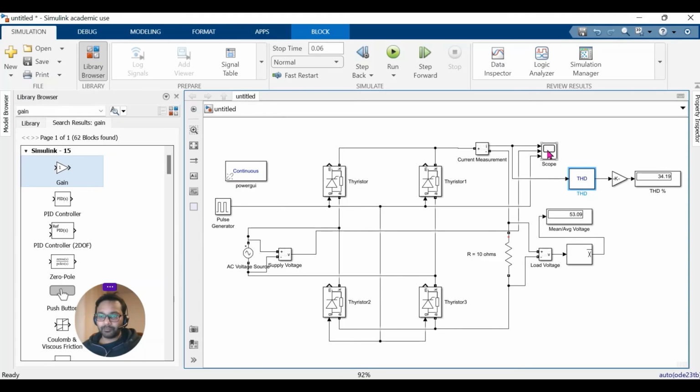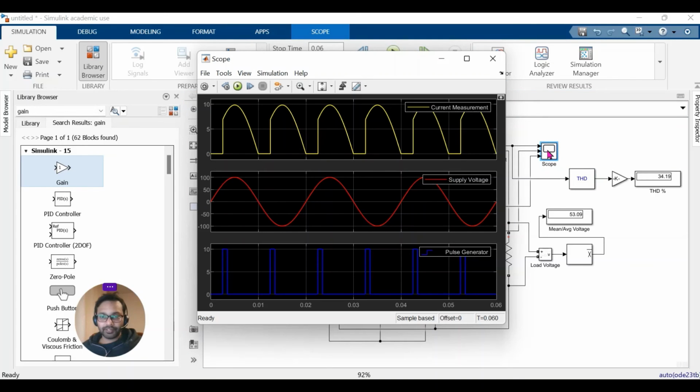Okay, 53.09. If we check the waveform, as expected, the output from the full wave rectifier using thyristor depends on the firing angle. Okay, so as we increase the firing angle, the rectification process will start after the corresponding delay.